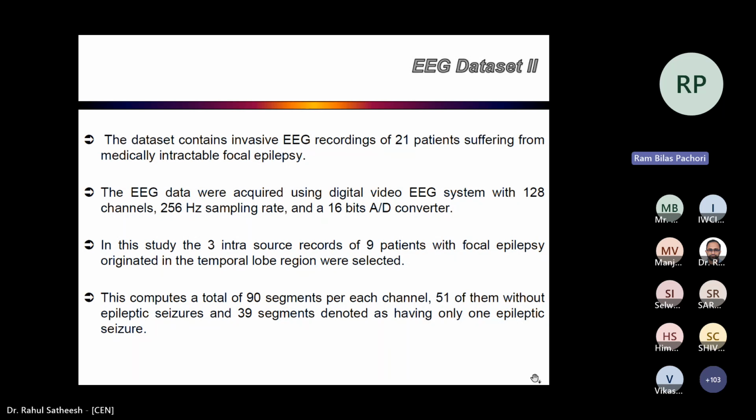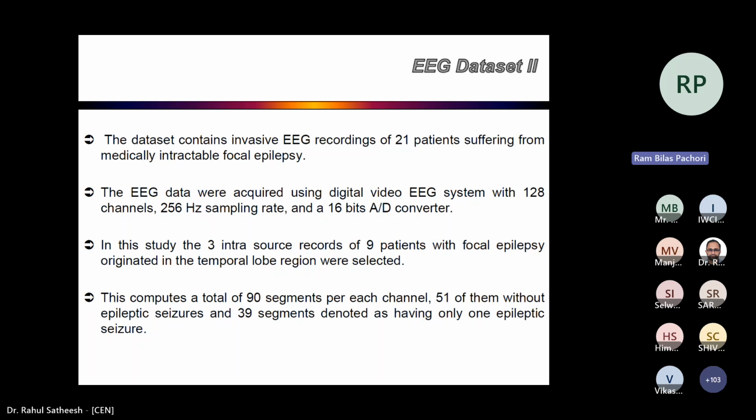Here, for focal epilepsy, there were 21 patients suffering from this disease, and this data set has such EEG recordings. The EEG data was acquired using a digital video EEG system with 128 channels, a sampling rate of 256 hertz, and a 16-bit analog-to-digital converter.